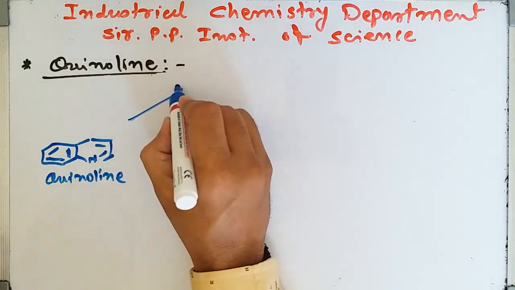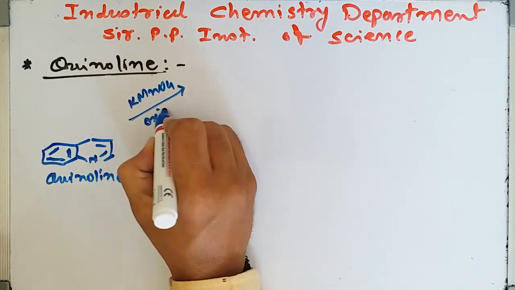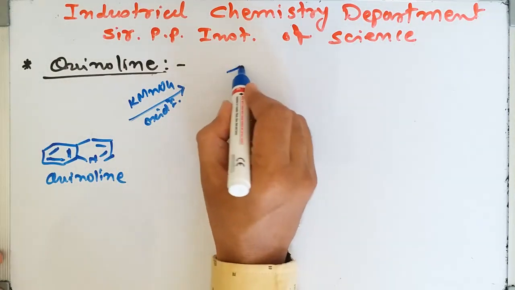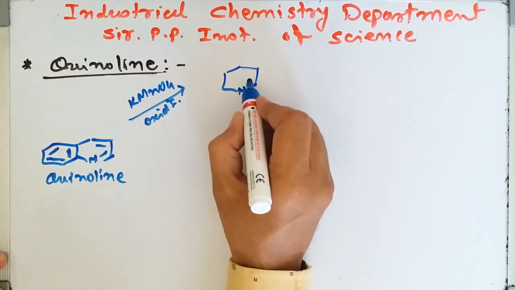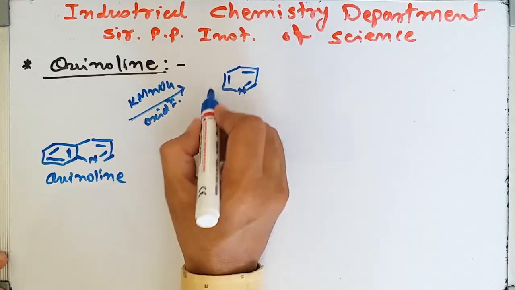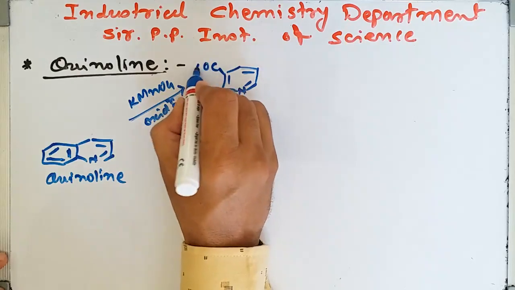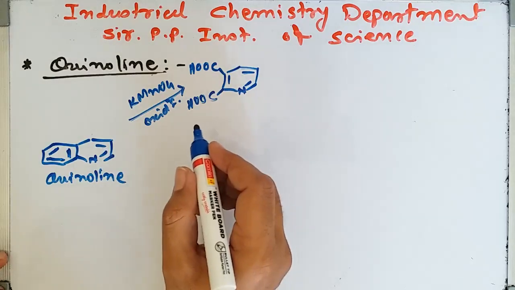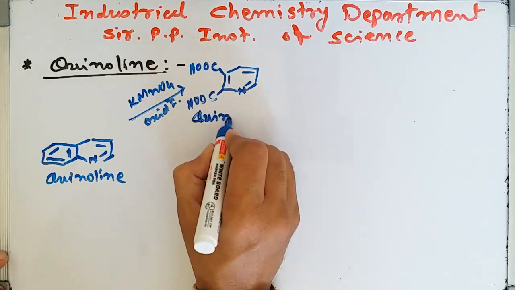Quinoline with the help of KMnO4, oxidation takes place and ring opening. One benzene ring is converted into carboxylic group. So it is known as quinolinic acid.